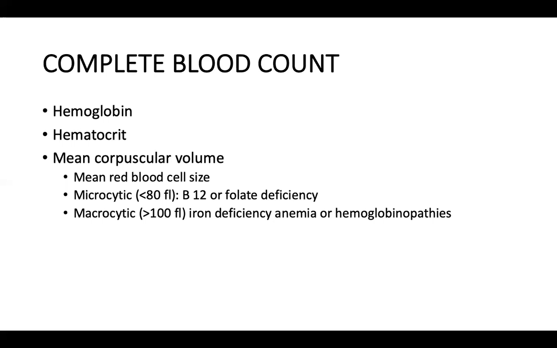Microcytic anemia is less than 80, and that's associated with iron deficiency anemia, which is very common in pregnancy, or hemoglobinopathies. Macrocytic anemia is the red blood cells are larger, and it's associated with B12 or folic acid deficiency.